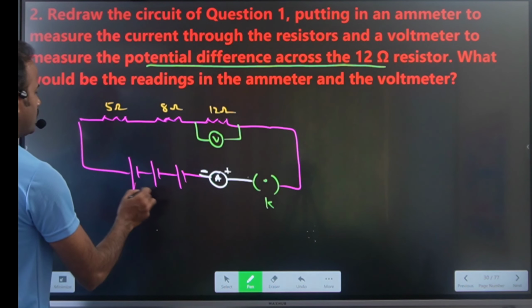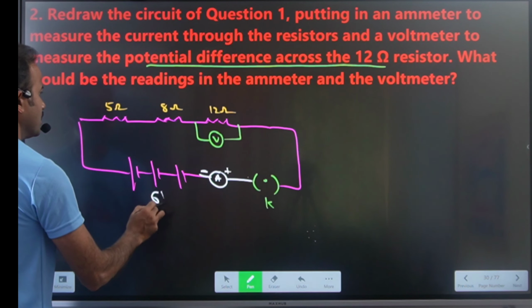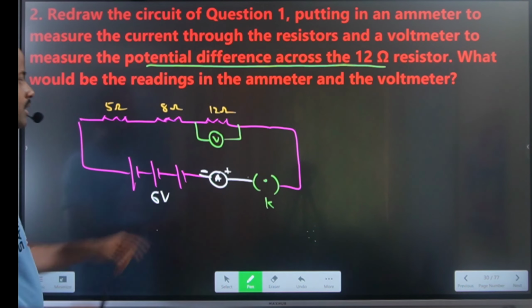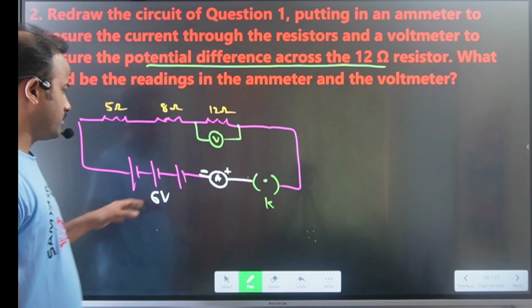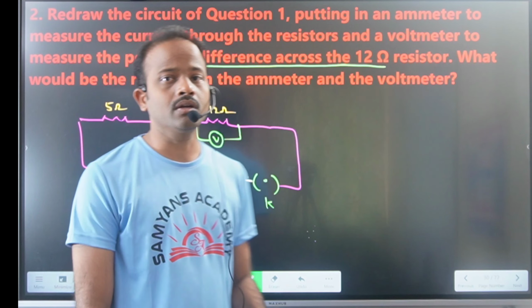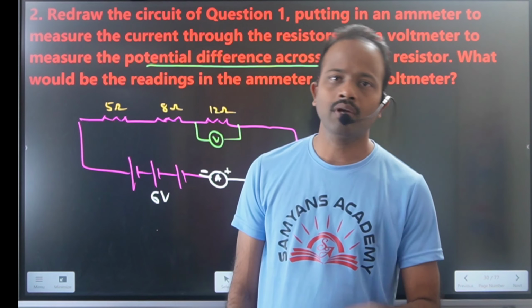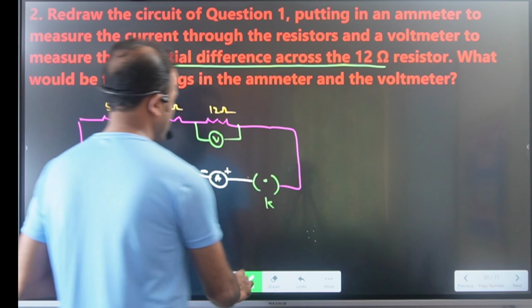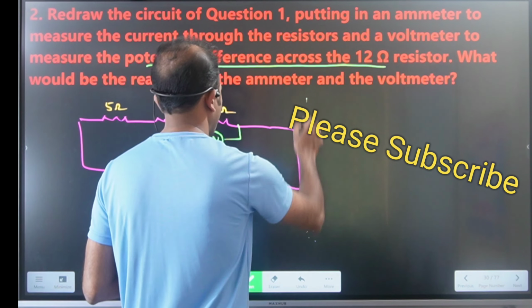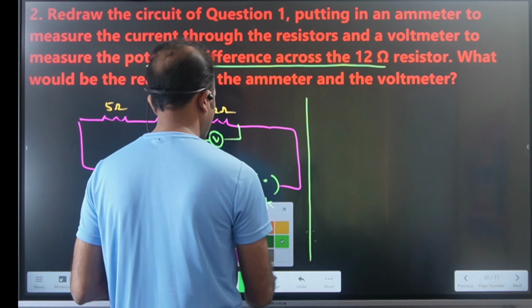The total battery voltage is how much here? 6 volts, right? So these two parameters you have to find out. Before that you have to find the total resistance in the circuit. How do you calculate it? R equal to R1 plus R2 plus R3. Already you know that formula.